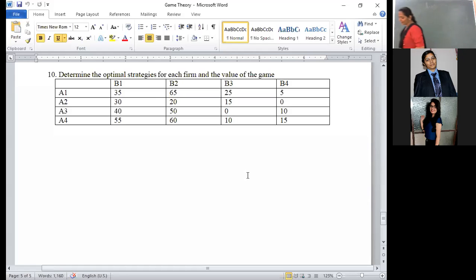First, apply principle of dominance. The given matrix is of, okay, player A consists of 4 players, player B consists of 4 players. Write it down.